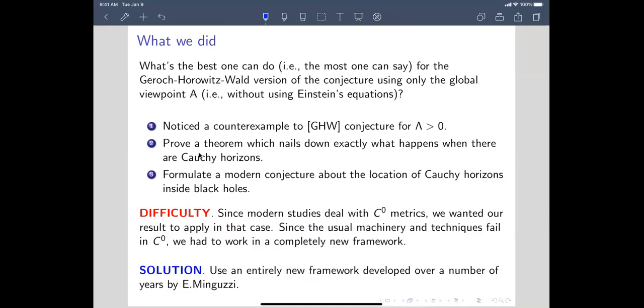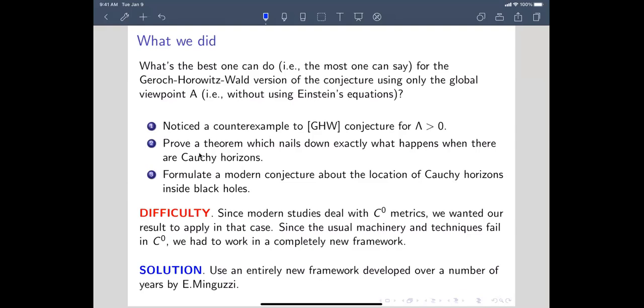That's when the metric is allowed to be merely continuous. So all of the techniques that you see in the books, everything fails. You have to redesign everything, right? Geodesics don't exist. The push-up lemma doesn't exist. So you have to come up with a new version of Lorentzian geometry that allows for these very, very rough metrics, which become interesting now because of the PDE picture, which tells you, careful, you have to think about low regularity now.